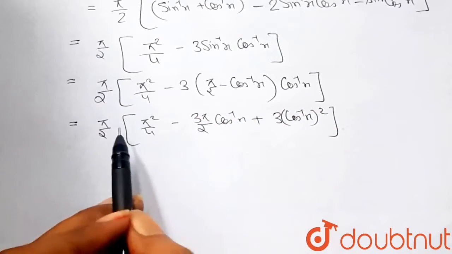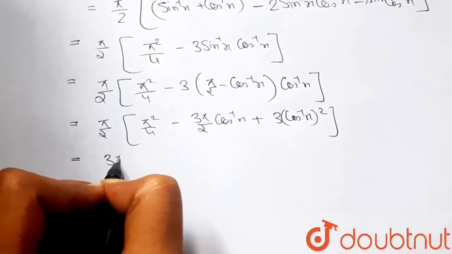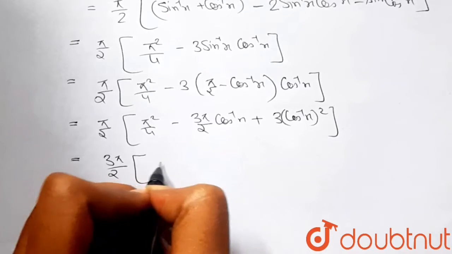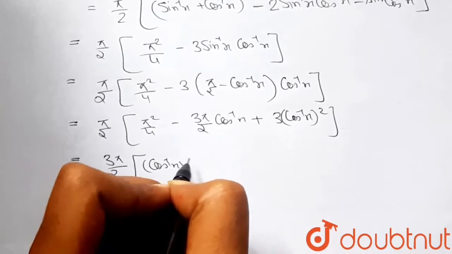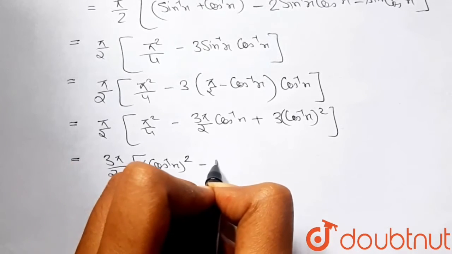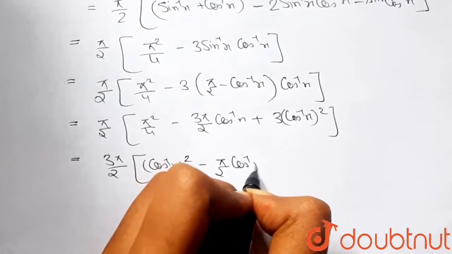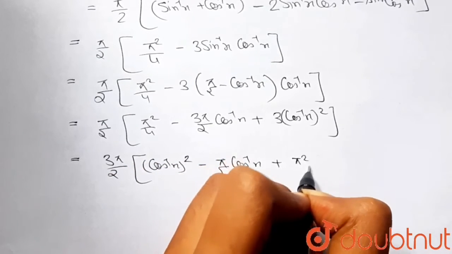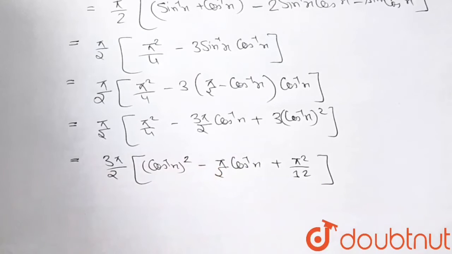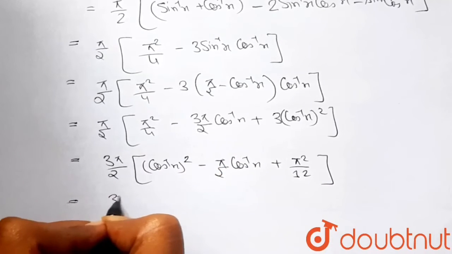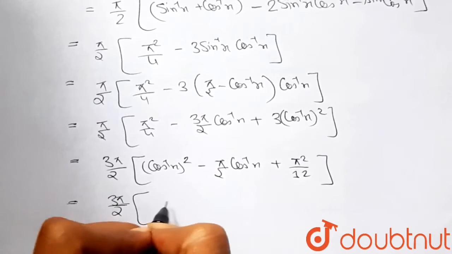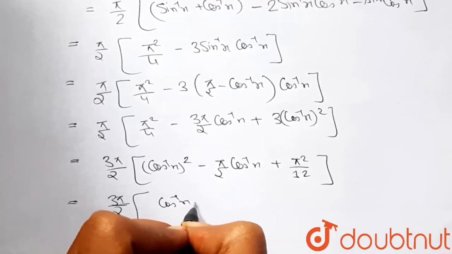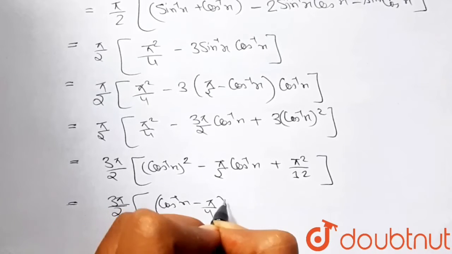Now I am taking 3 common from the bracket, so we will have 3 pi by 2 in bracket cos inverse x whole square minus pi by 2 cos inverse x plus pi square by 12, right? So I can write this as 3 pi by 2 in bracket cos inverse x minus pi by 4 whole square, right?